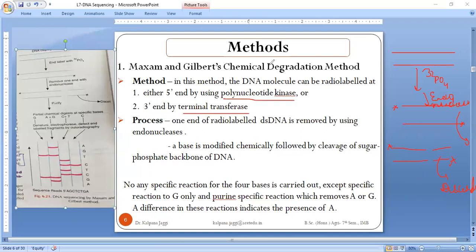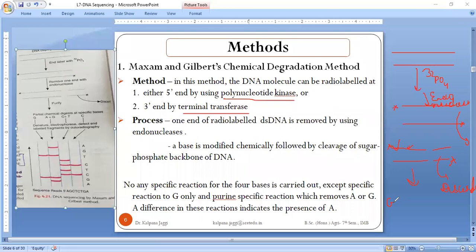When it is broken, it is not always that the enzyme breaks it at exactly one place. It could break it somewhere here, or somewhere here. So partial chemical digests are produced, right?